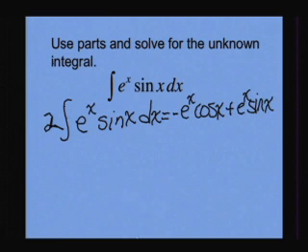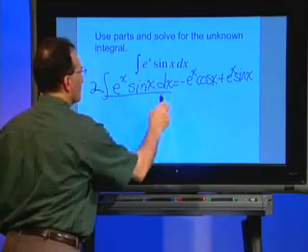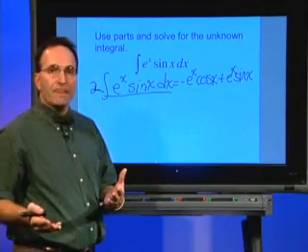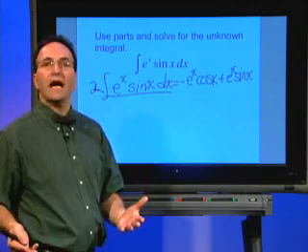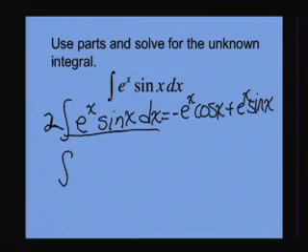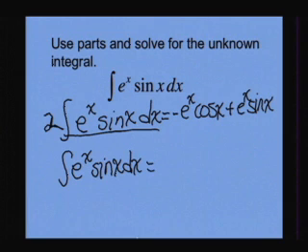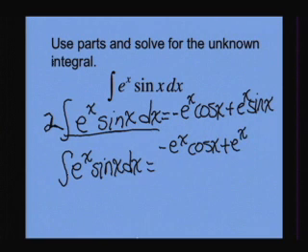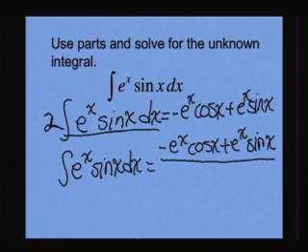And therefore, I can now treat this like that variable a and solve for a by simply dividing both sides by 2. So I get the integral of e to the x sine x dx is equal to negative e to the x cosine x plus e to the x sine x, all over 2.